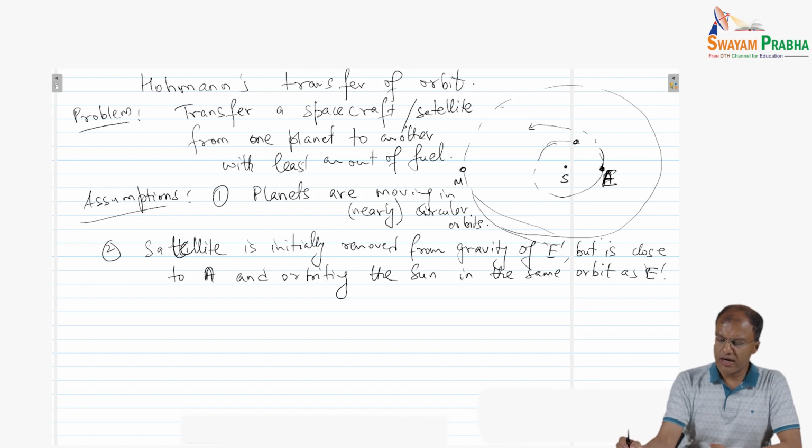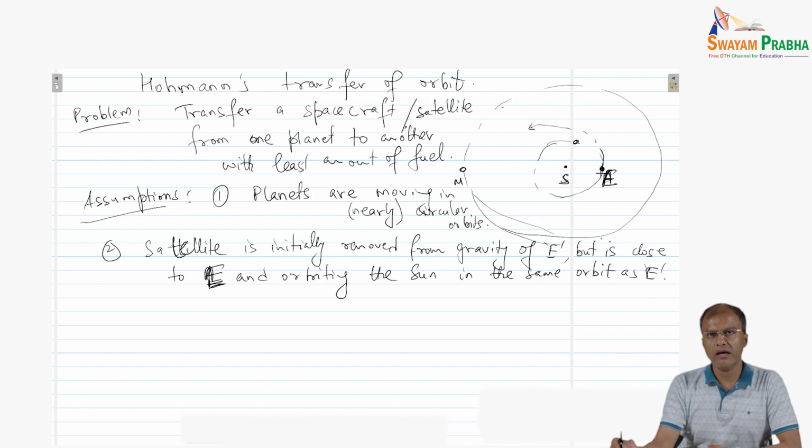So here is our Sun at the very center, and the Earth is orbiting the Sun, and we are saying the satellite is initially removed from the gravity of the Earth, but it is close to Earth, right? The distance between the satellite and the Earth is negligibly small, right? It's just of the order of a few kilometers. And it turns out that the satellite is also orbiting the Sun along with the Earth initially.